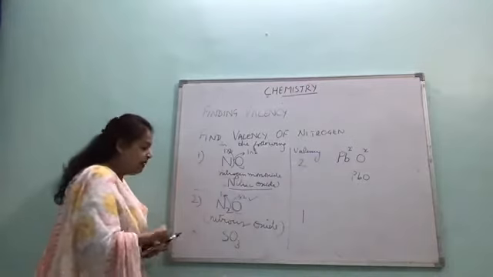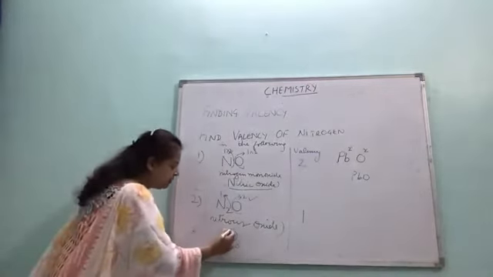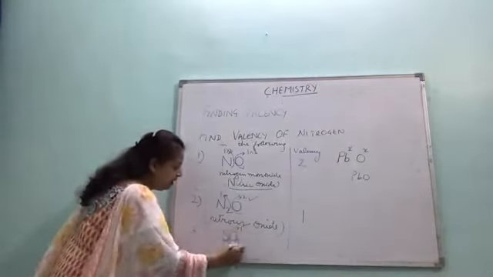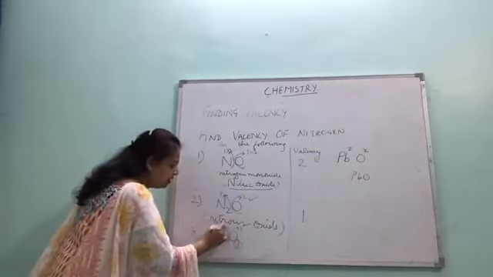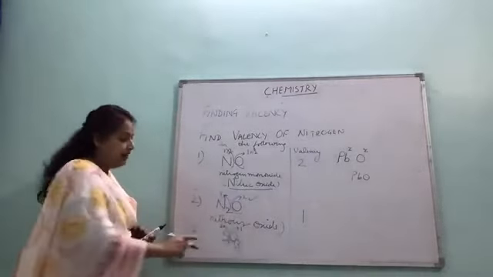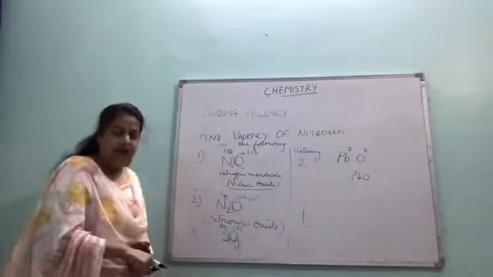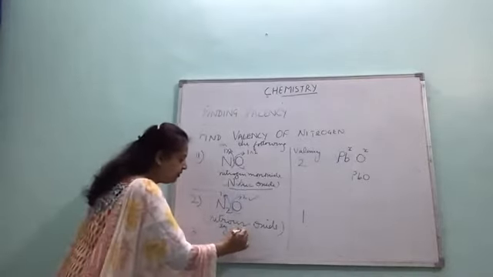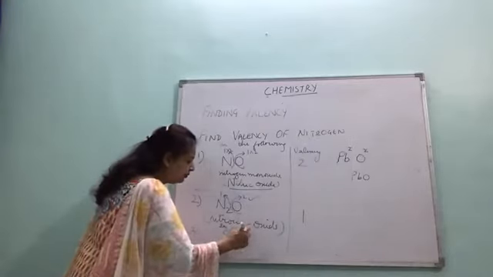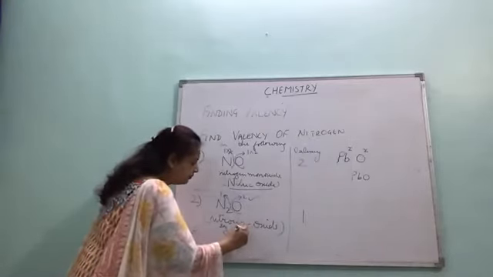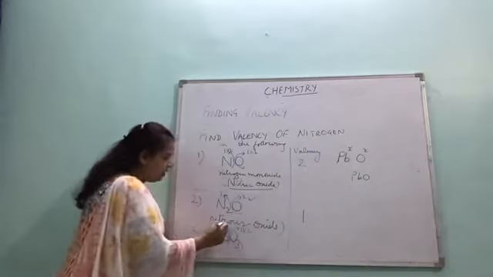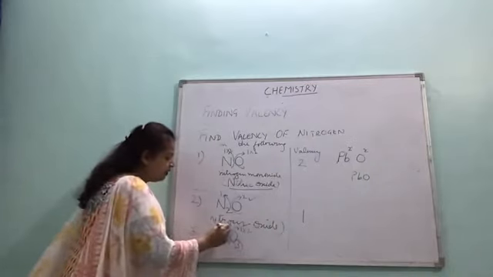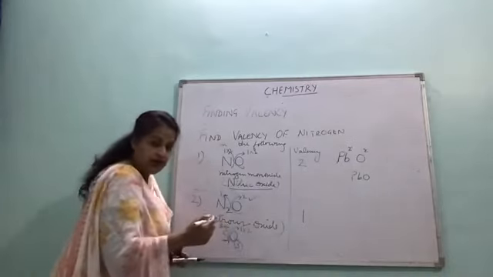Again we go backwards. Here it is 1, so we take it as 1. Here it is 3, we take it as 3. Now again oxide valency is showing 1, which cannot be. So you multiply it by 2. So this should also be multiplied by 2. Once you know it, you can do it orally also, children.